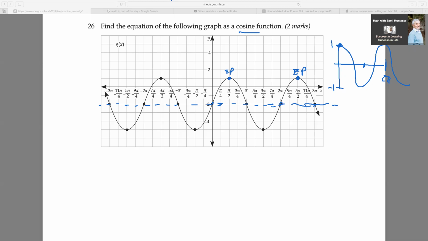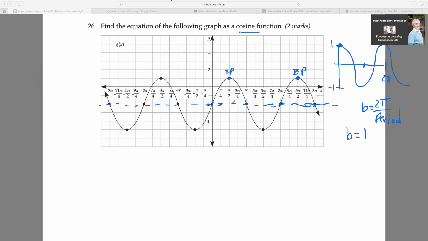This is between 0 and 2 pi, so the period is 2 pi. If the period is 2 pi, then we know B is 1, because B is always 2 pi over the period, and 2 pi divided by 2 pi is 1.